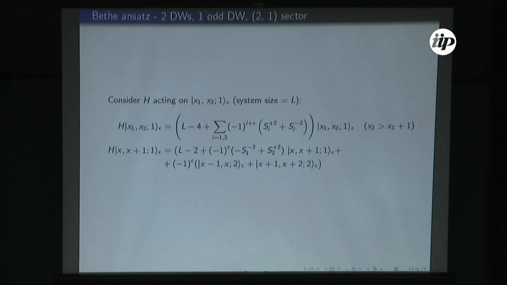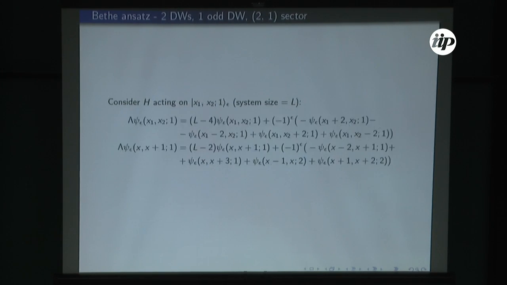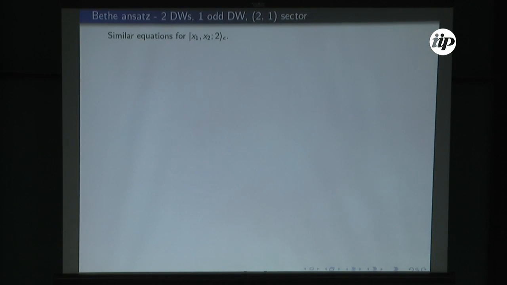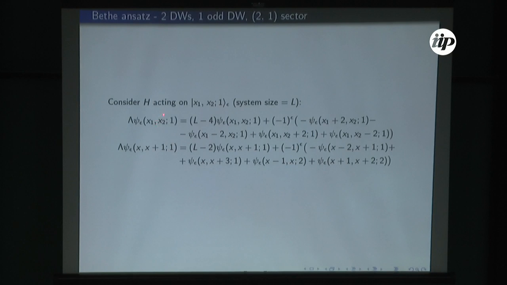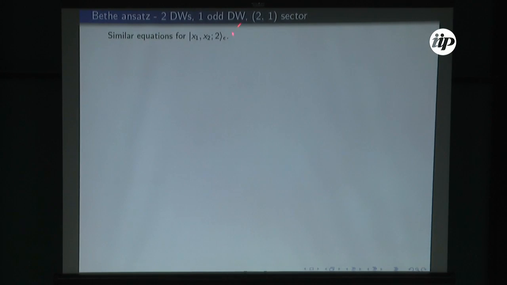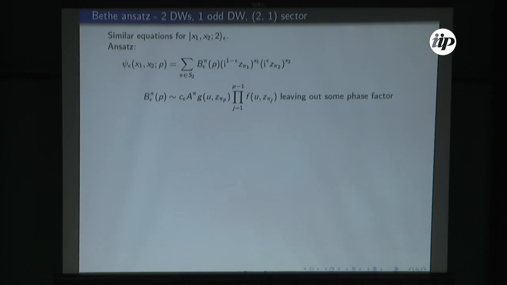But you multiply it with the eigenvector, and then you get the wave function amplitudes, you get these two equations for the wave function amplitudes. They are just ugly. There is nothing so interesting about them. These were equations where the first domain wall is at the odd position, but you can get similar equations when the second domain wall is at the odd position. And then you will apply a two-level ansatz.